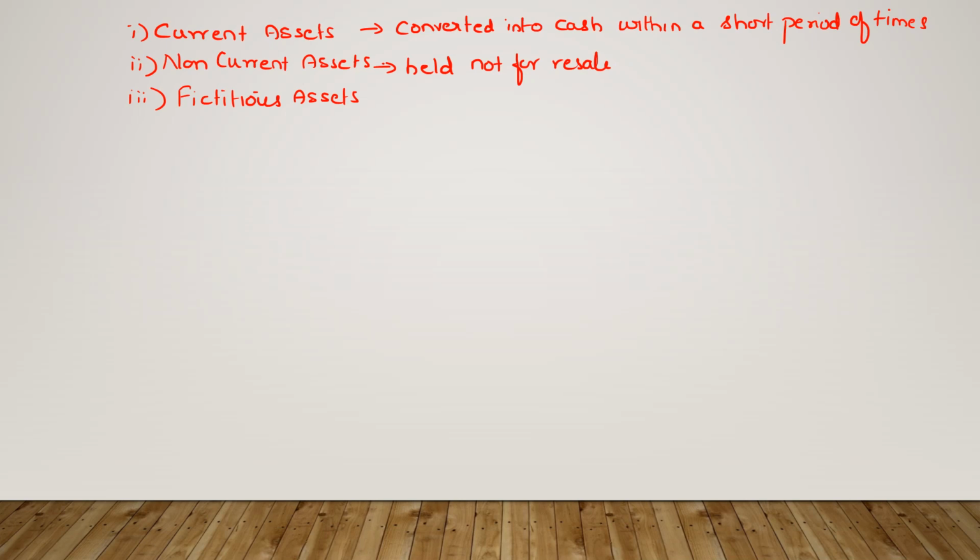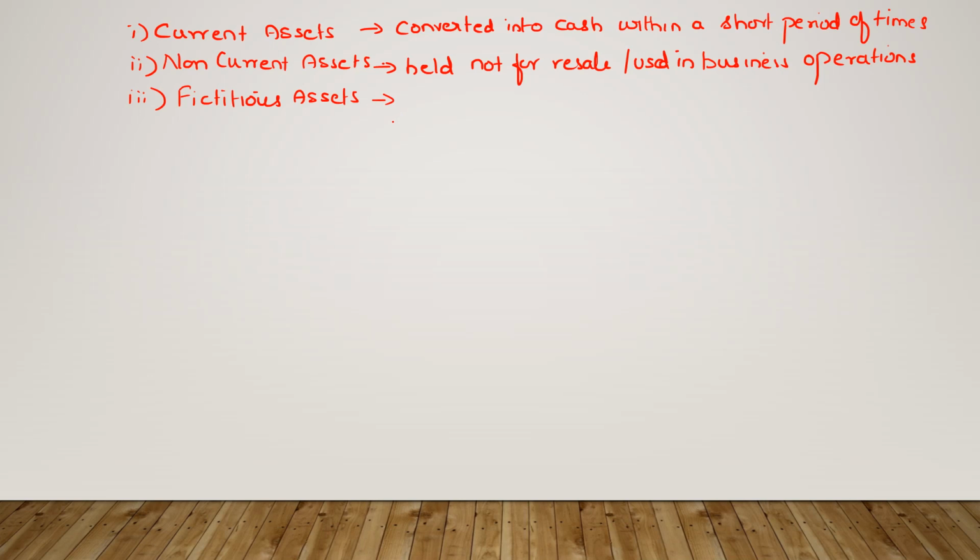It is not for purpose of resale, but for use in business operation. It is going to be used in business operations. So that type of assets is non-current asset. So under the non-current asset, you have several classifications like the tangible and intangible assets.